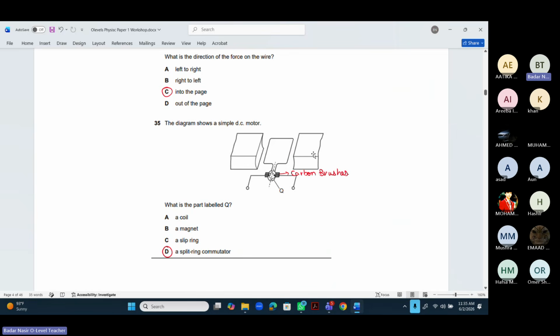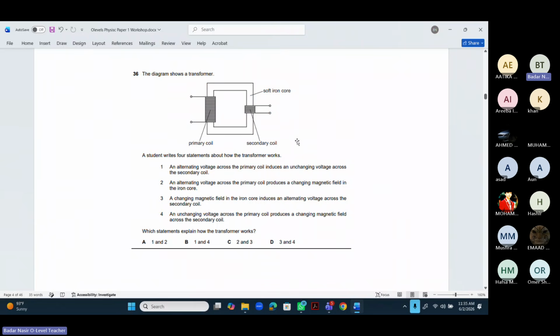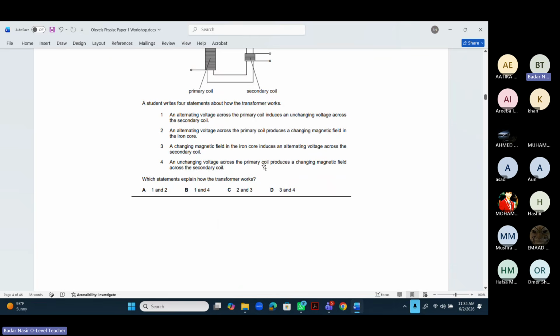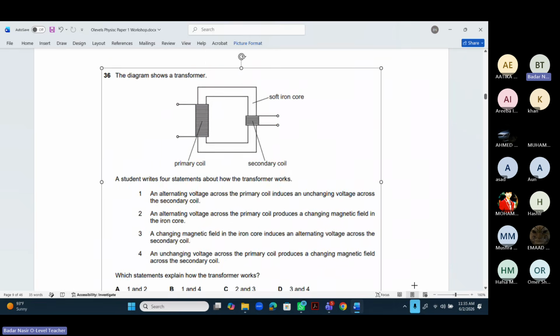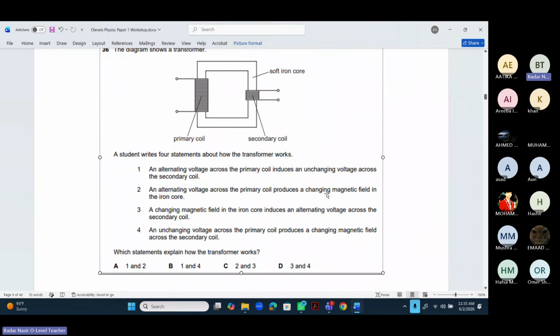Next में the diagram shows a transformer. A student writes 4 statements about how the transformer works. So we have primary coil, secondary coil, and alternating voltage across. An alternating voltage across the primary coil induces an unchanging voltage across the secondary coil.